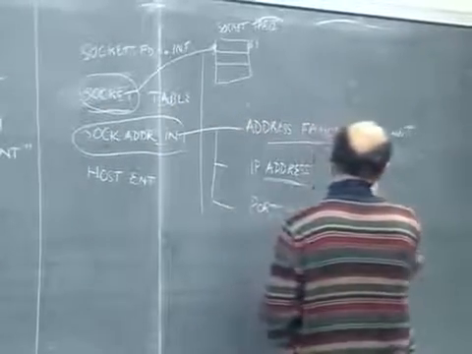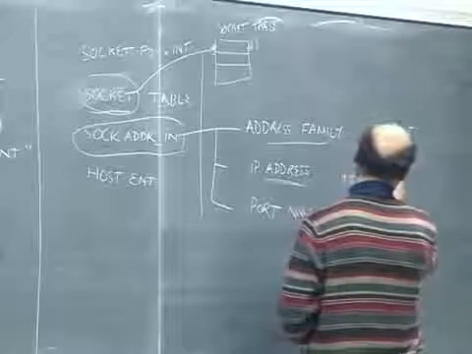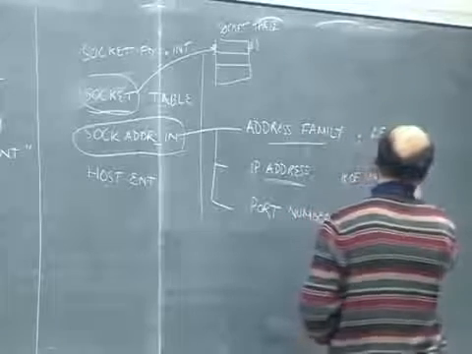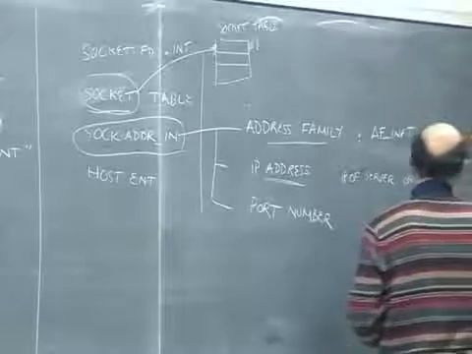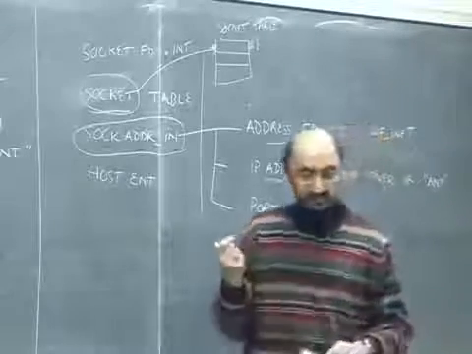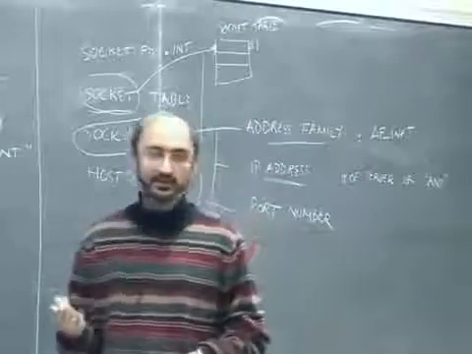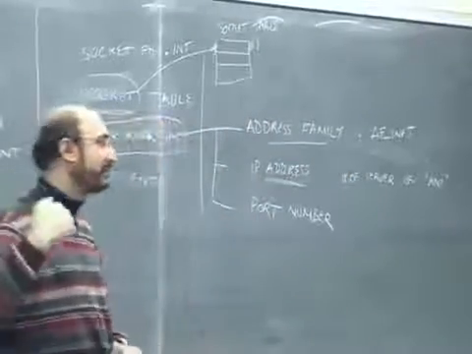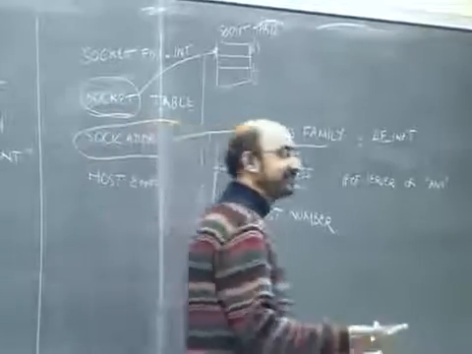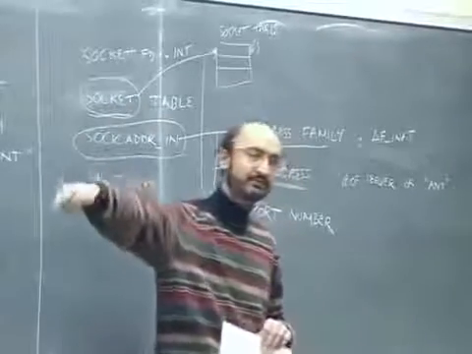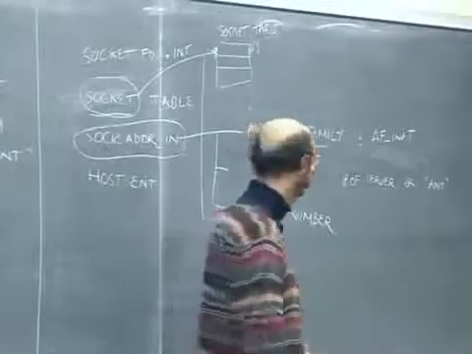So either it's the IP of the server to connect to, or any means I'm going to accept a connection from anyone. In theory, the server could say I'm going to accept connections only from this source IP address, though it's actually never done. Almost always we say I'll take any customer. It's like saying I'm going to serve only that one customer over there. Why would you want to do that? So we don't usually do that.